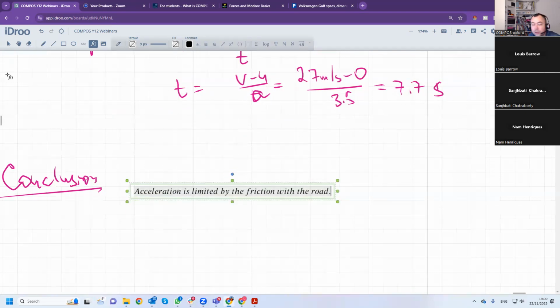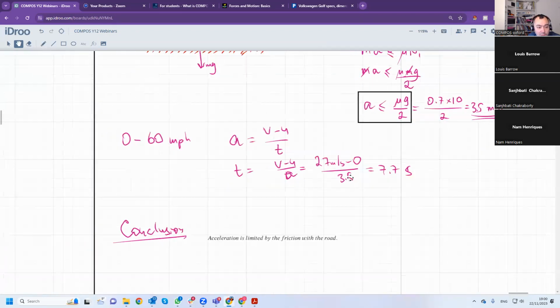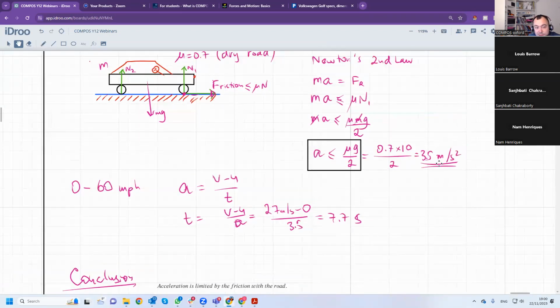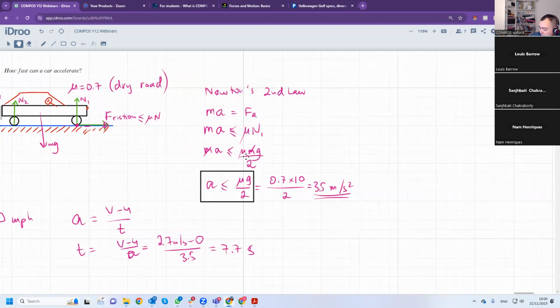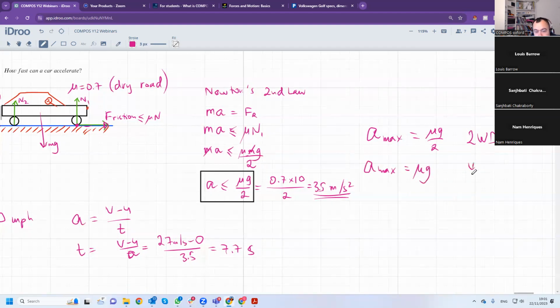So a 4-wheel drive car will be able to accelerate twice as fast, so about 7 meters per second squared, because all wheels are included. So A max is mu mg over m, which is mu g over 2 for a front wheel, 2-wheel drive, and A max is mu g for a 4-wheel drive car.